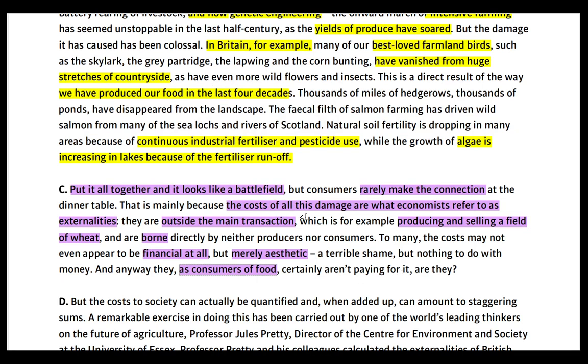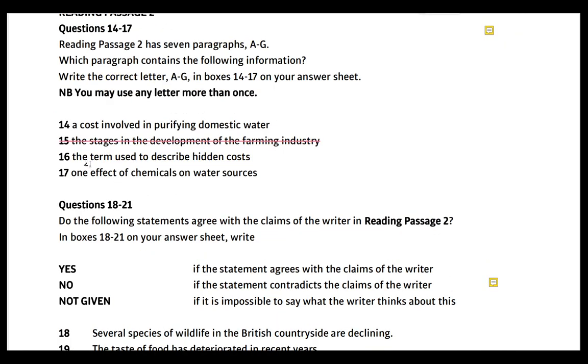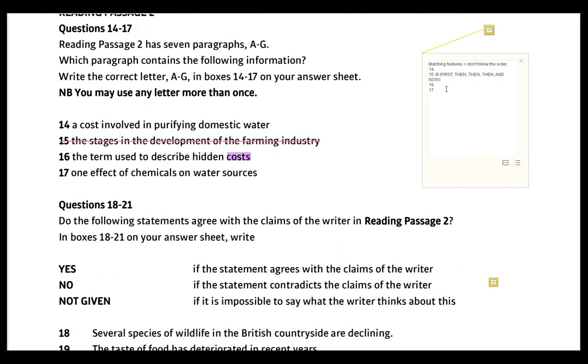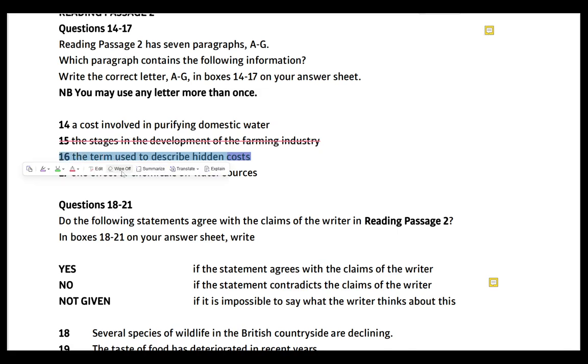So once again, the costs of all this damage are what economists refer to as externalities, and this is just a name economists gave. So we know that the word that talks about the costs is stated in paragraph C. So we're going to choose 16 as C, and now we remove it over here, right?